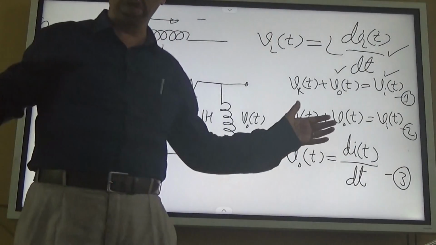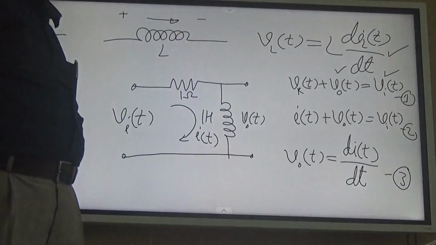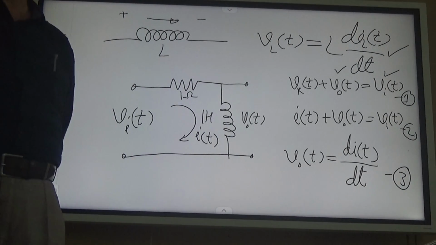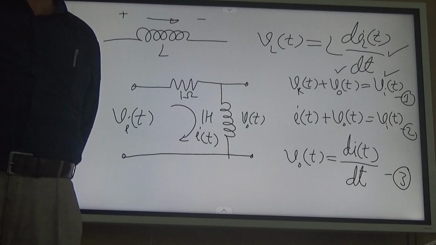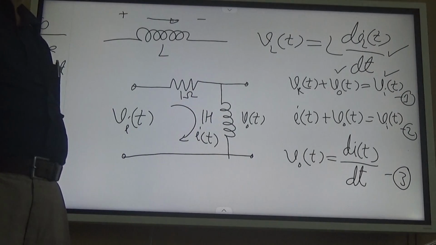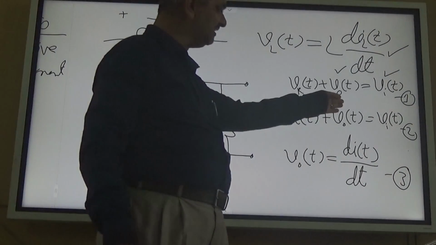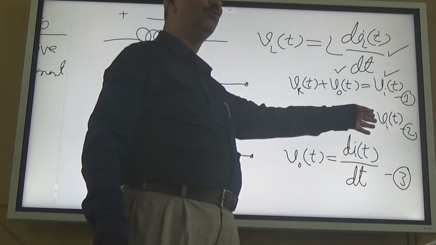By taking 2 and 3 together, what can you get? So IT plus di by dt is equal to V.